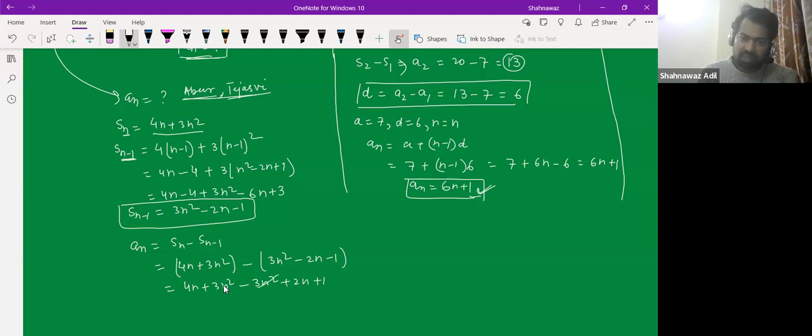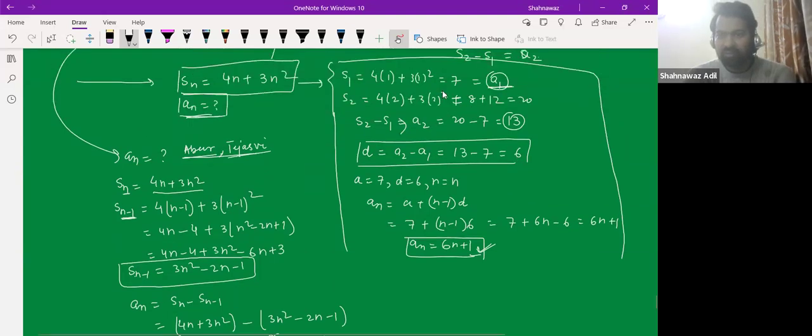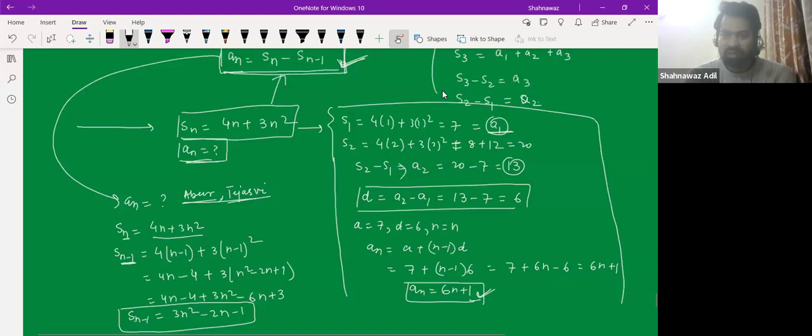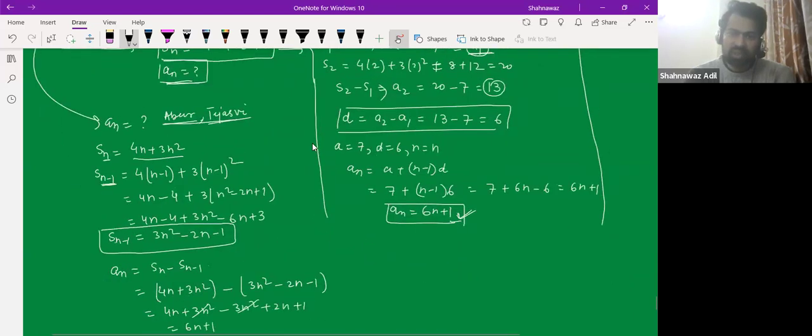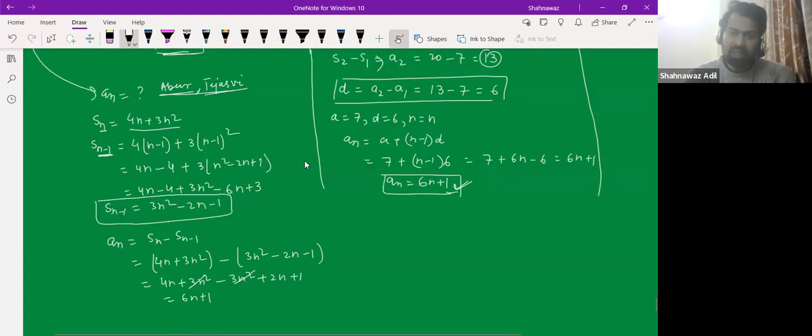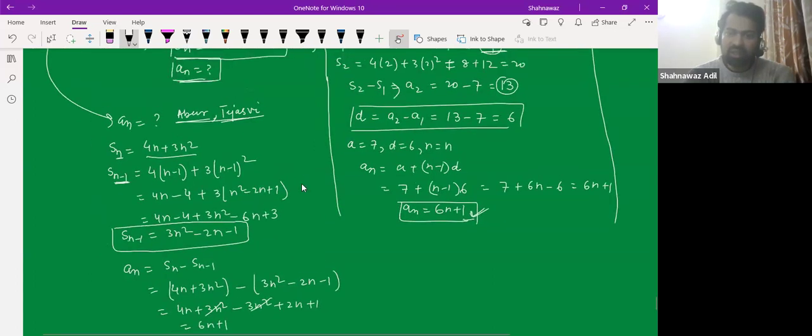The 3n squared cancels, leaving 6n plus 1. That is what we expected, right? I think this one is looking simpler, right, guys? What do you think? This one is simpler than the other. Whatever method you are comfortable with, please use that.